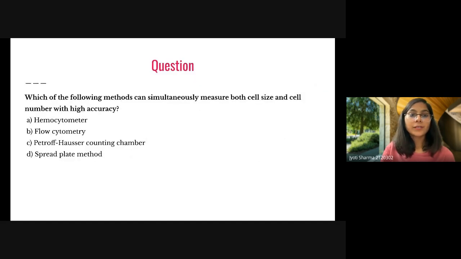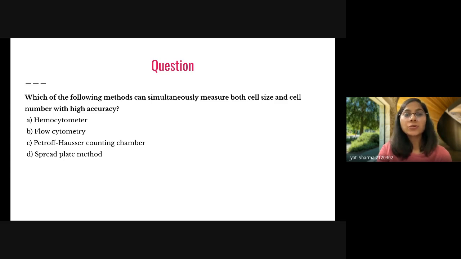The next question is, which of the methods can simultaneously measure both cell size and cell number with high accuracy? For example, if we have some kind of bacterial infection, you people know that we undergo tissue culture, right?